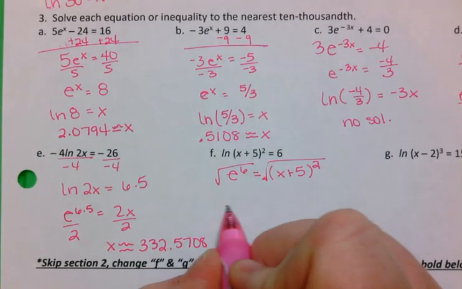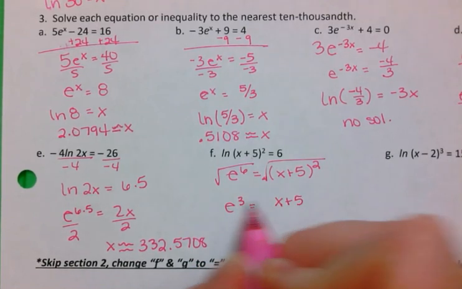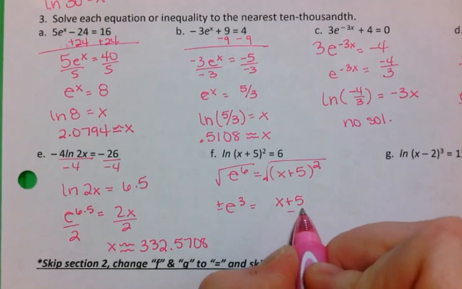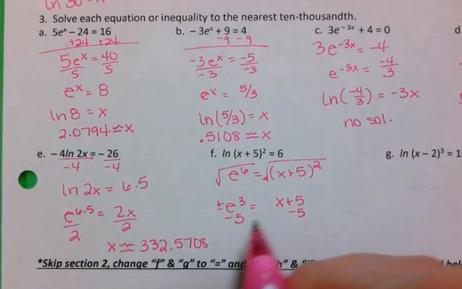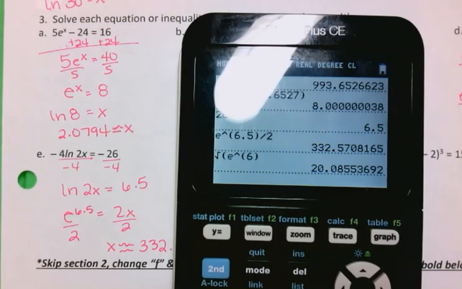If I do that, that would be e cubed equals x plus 5, but this is plus or minus because I technically square rooted it. So minus 5, which e to the 3 is approximately 20.8, because if I go second e to the 3.